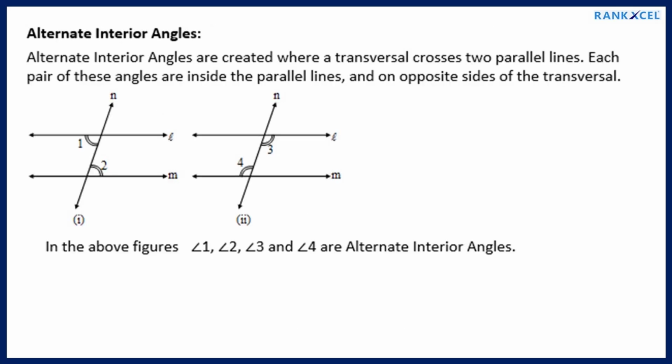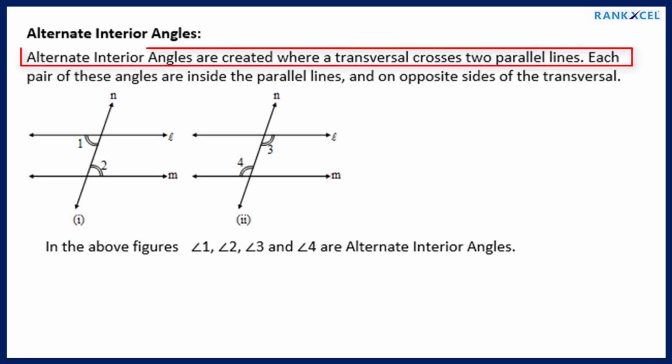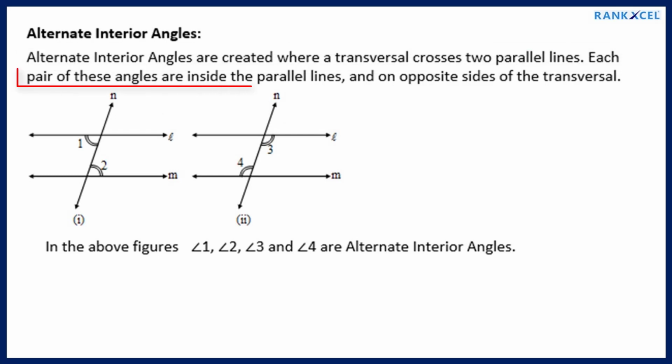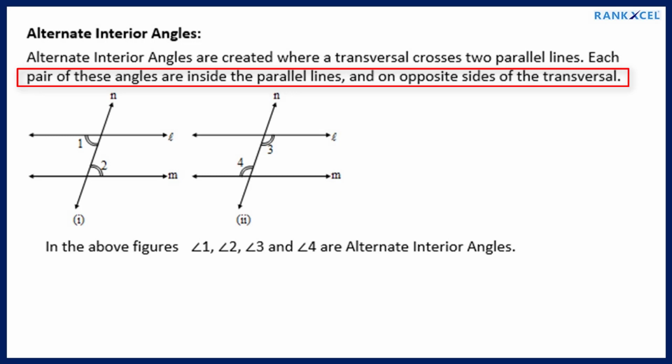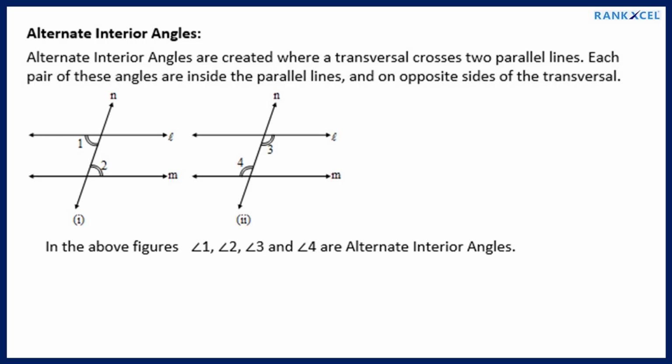Alternate interior angles: alternate interior angles are created where a transversal crosses two parallel lines. Each pair of these angles are inside the parallel lines, and on opposite sides of the transversal. In the above figures, angle 1, angle 2, angle 3 and angle 4 are alternate interior angles.